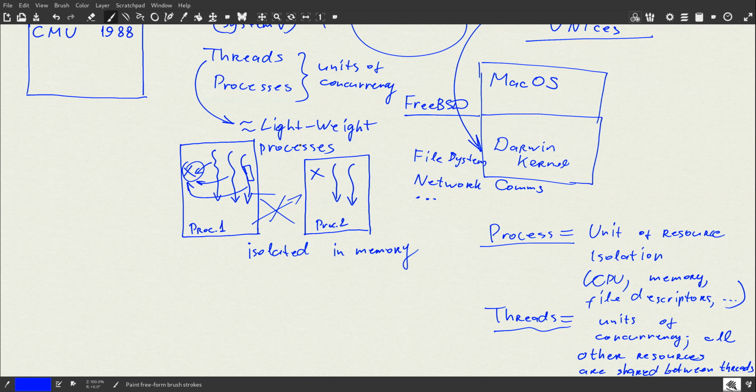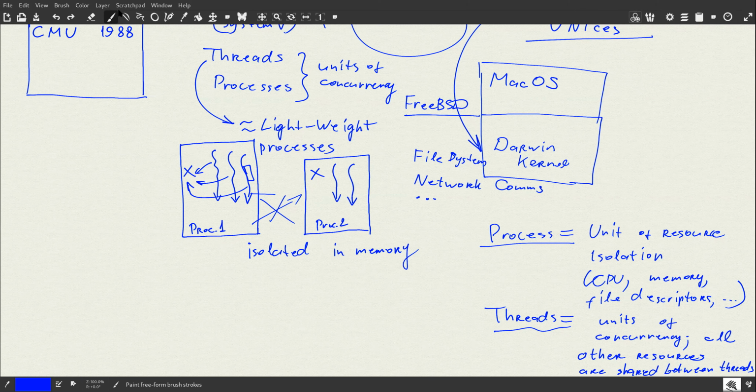So once again, processes are units of concurrency and resource utilization, primarily resource utilization, whereas threads are only units of concurrency. We may encounter both processes and threads many times in our course.